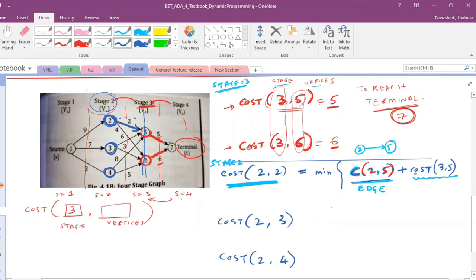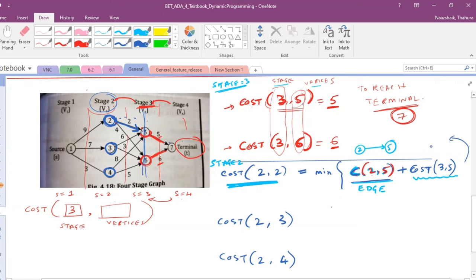So now you tell me, what is this cost(3, 5)? What will it be? To reach the terminal, ma'am. Correct. Because it's backtracking, you're going to reuse the sub-solutions done in the previous step.